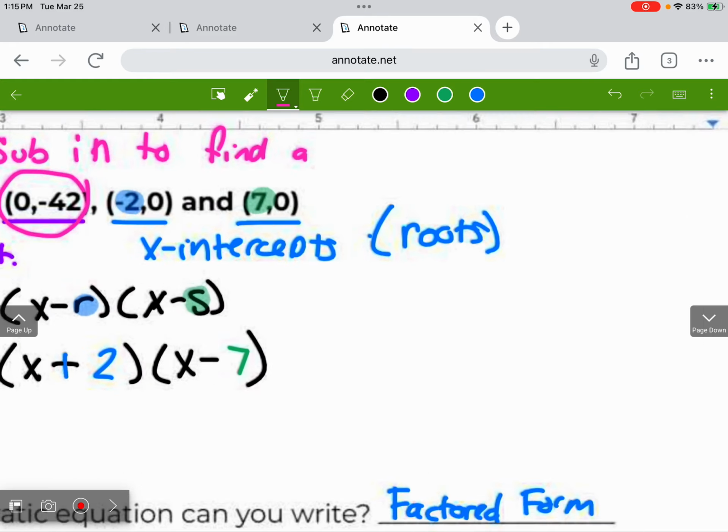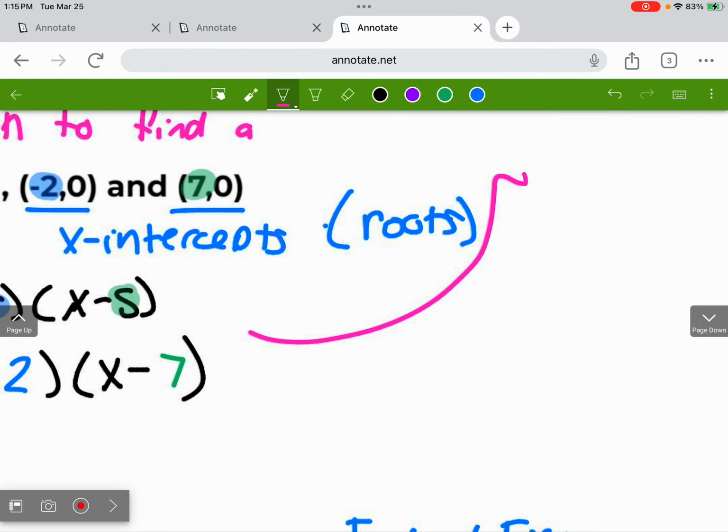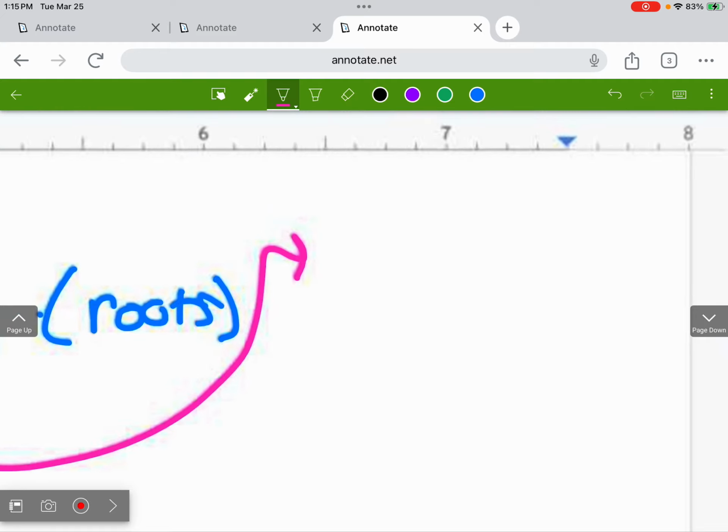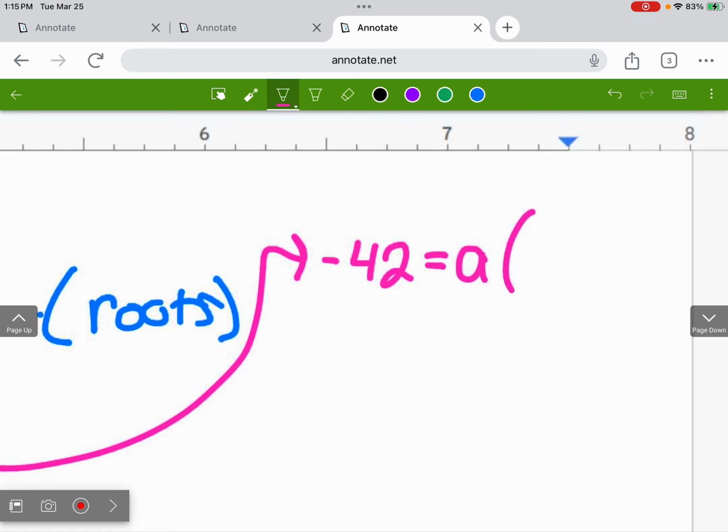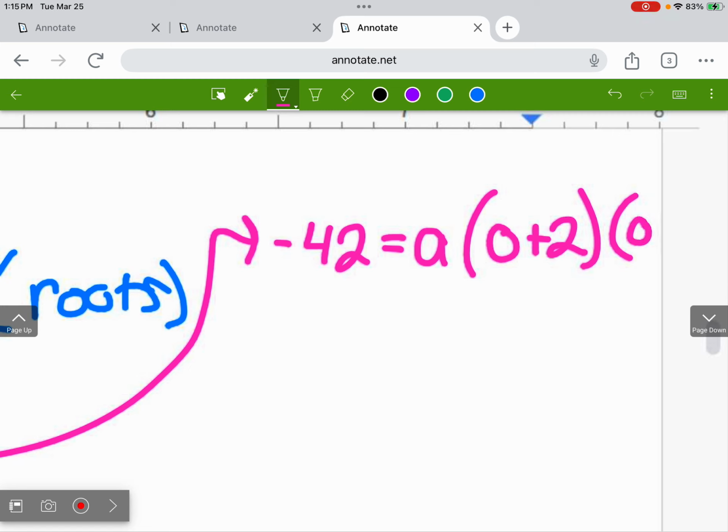So we're going to take a little detour. I'm going to say, all right, I know that my y is going to be -42 with a, we don't know it yet, but I can substitute in that 0 for x, so we're going to have 0 plus 2, and I can substitute 0 for x again, 0 minus 7.